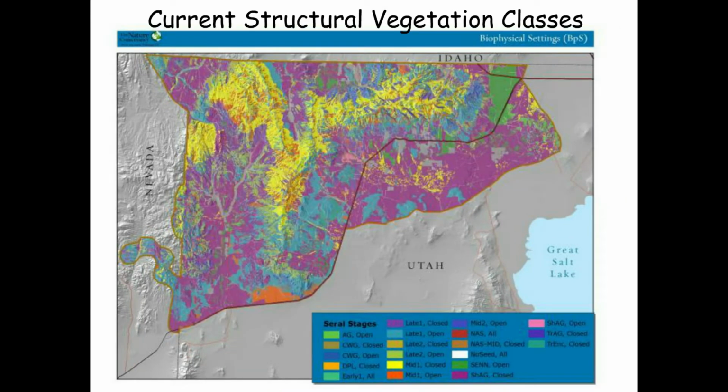And here are the cells, the boxes. So each one of these colors, so you have early, mid, open, late, close. Each pixel, so I think the resolution we went down is 25 meters with this. Each pixel corresponds to one of those boxes in the state and transition model.